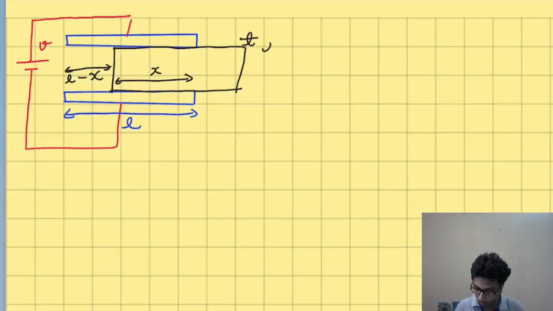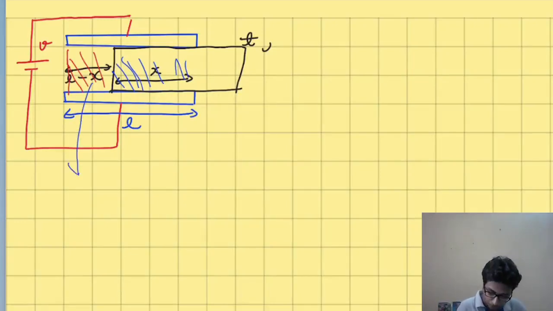Let me shade these two for you. This one and this one. This one is the capacitor whose dielectric is air, and this capacitor has a dielectric which is a substance that is not air, so its permittivity can be written as epsilon naught times K.